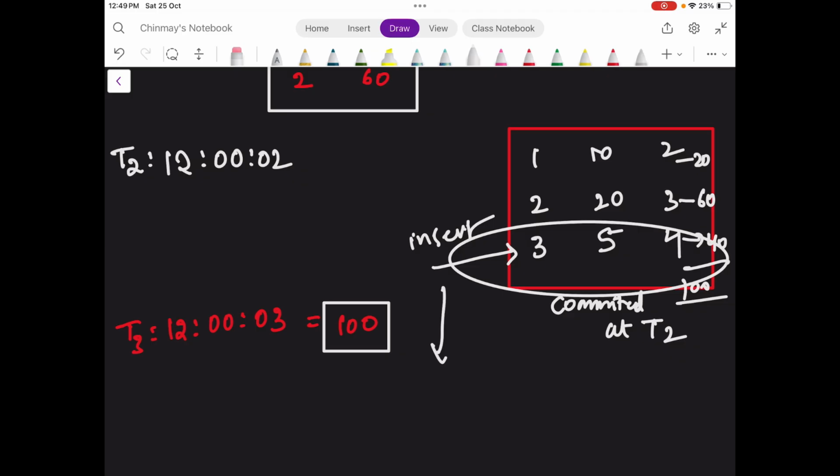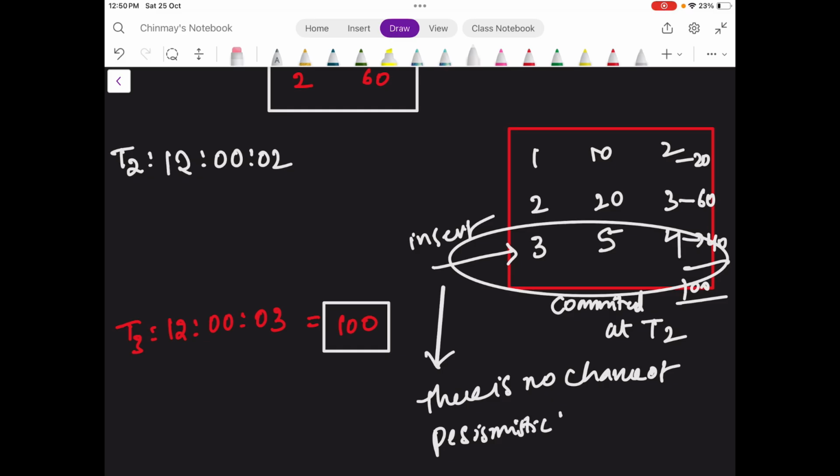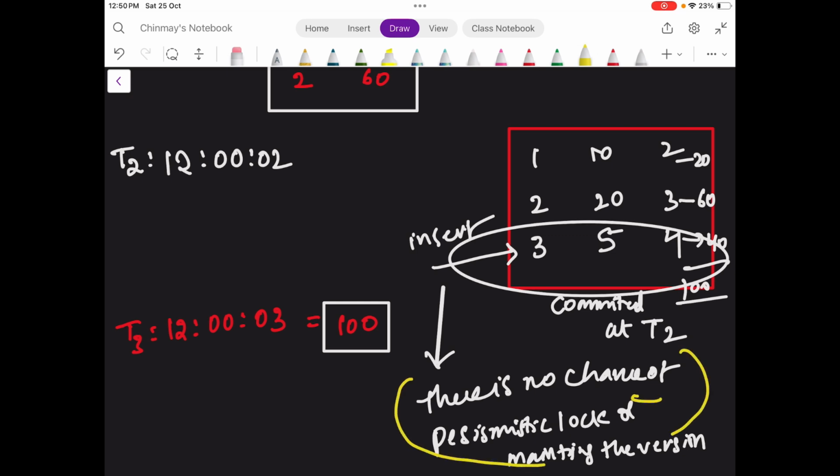Here there is no chance of a pessimistic lock or maintaining the version, because it is a new entry.